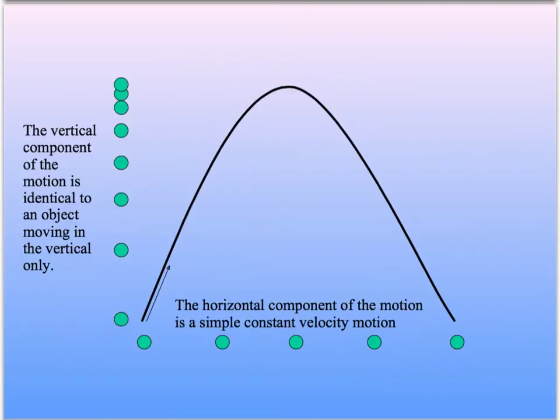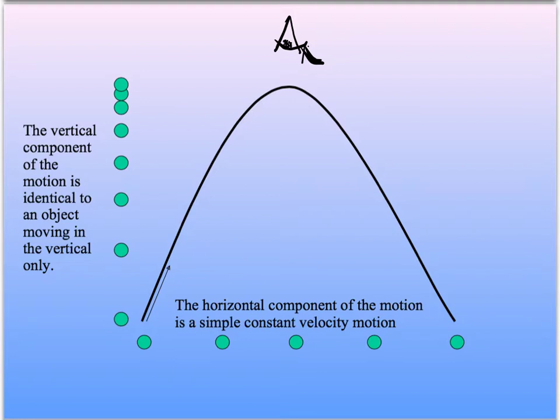Now, if we break the horizontal component away from the vertical component, here's what it looks like. Imagine you were looking down from above. That's an eyeball, by the way. You're looking down from above. If you couldn't see depth, you couldn't see that the object was coming up towards you and back away.